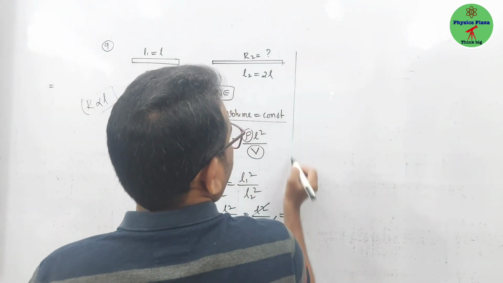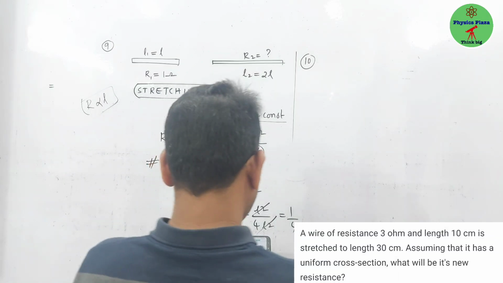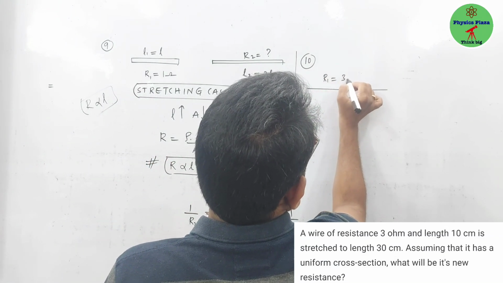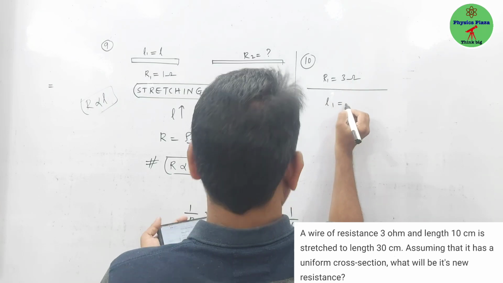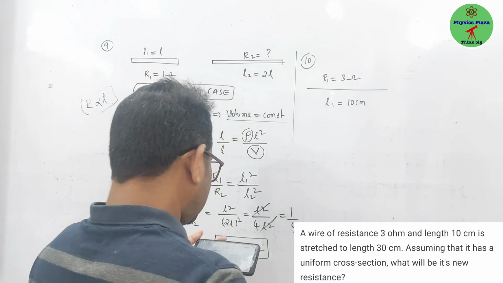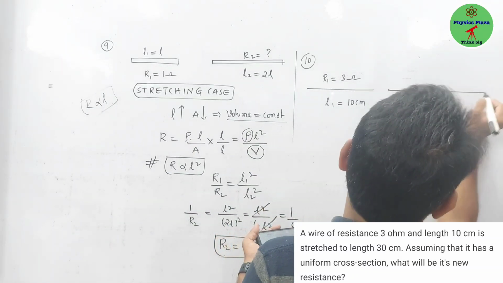10th numerical. So as per the question, children, a wire, let us say its resistance is 3 ohm and the length is given 10 centimeters. This wire is stretched. So the same wire is stretched like this, it seems.